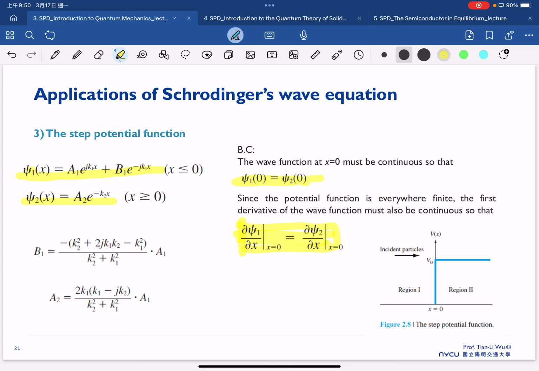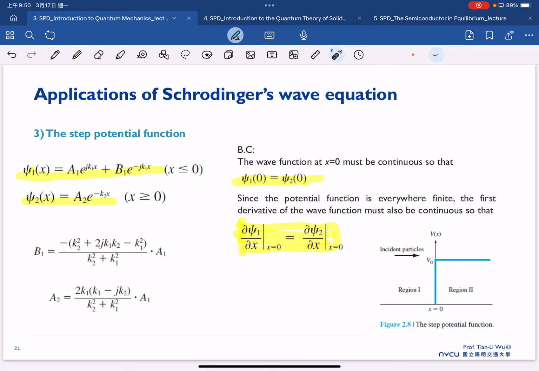Considering these two boundary conditions, we can easily solve for the coefficients, and get the correlation between B1, A1 and A2 as well.